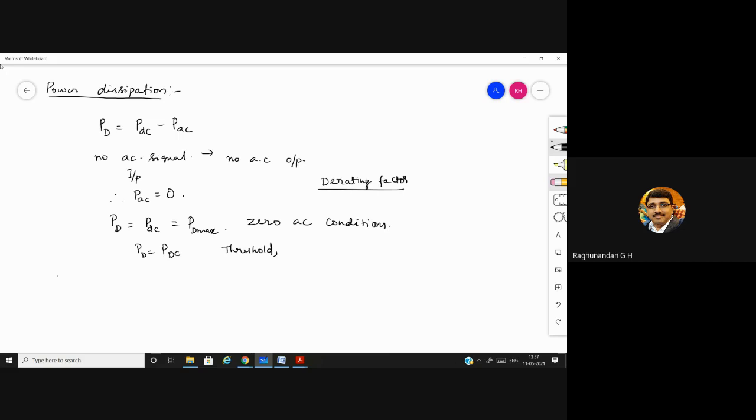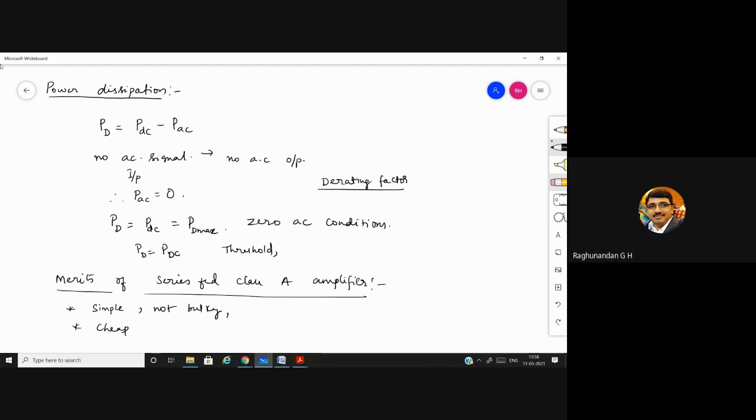Coming to the next topic, the merits of the series fed class A amplifier. As soon as we see the circuit, the first thing that comes to our mind is that the circuit is simple. That means it is not bulky, and also it is cheap.